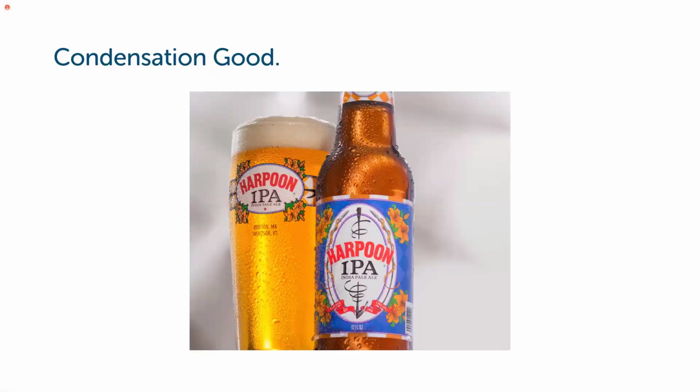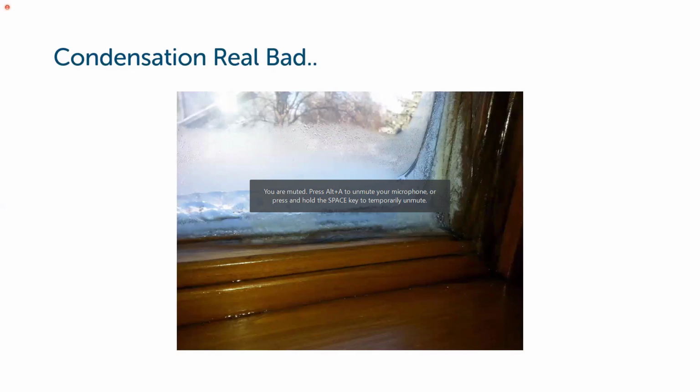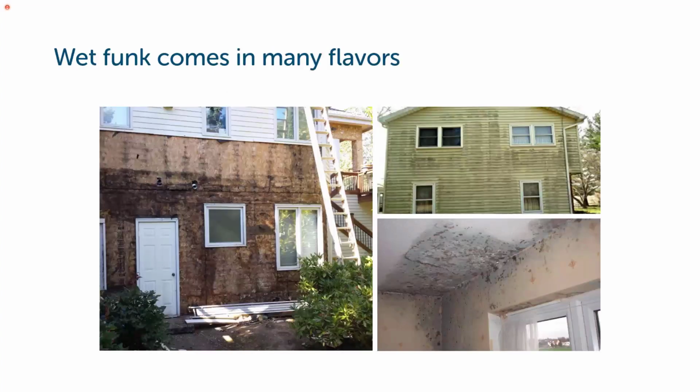There are definitely times where condensation is good, but then there are also times where condensation is bad, and then there are times where condensation is really bad. So managing moisture in buildings through ventilation is kind of the biggest thing I try to message to any builder, because these are trickle-down impacts that you're not necessarily going to be aware of or thinking about as you're putting the building together.